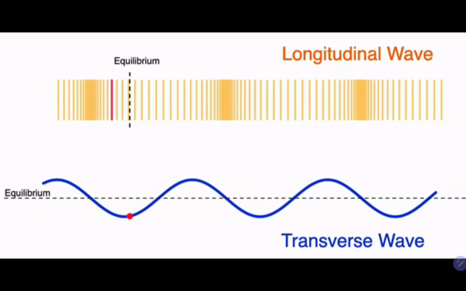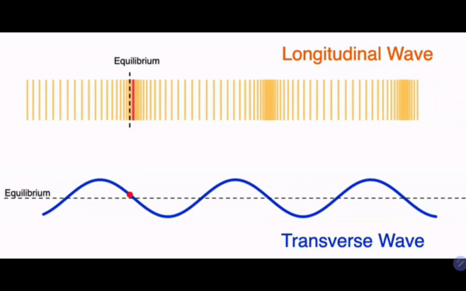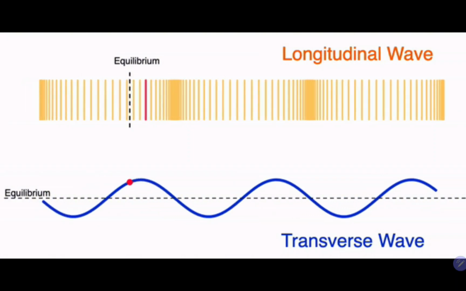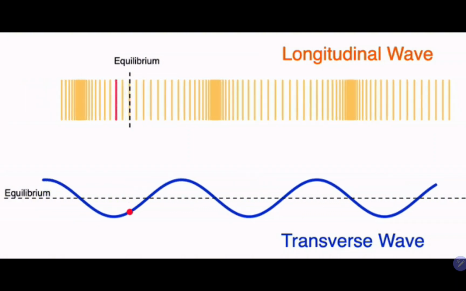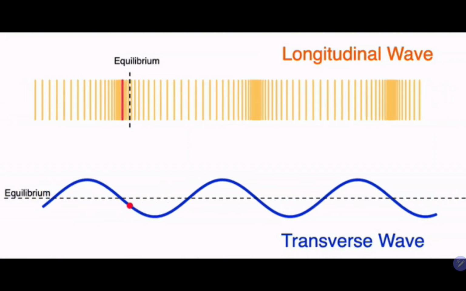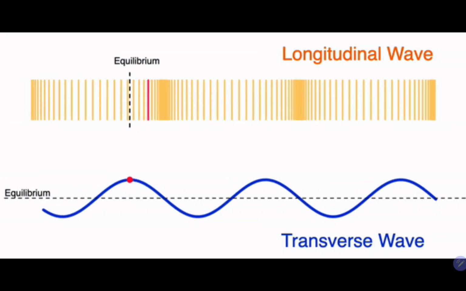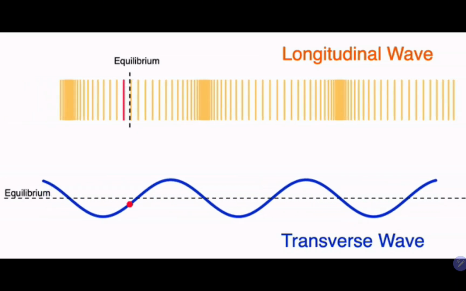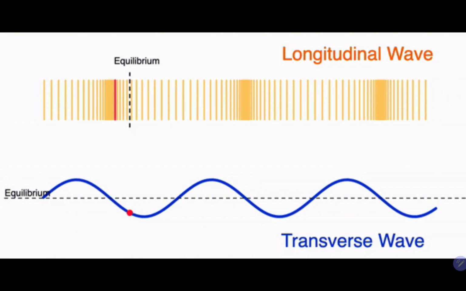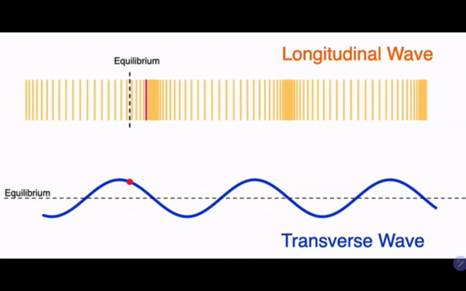But let's look at the wave itself, the orange part. You can see that it's assuming a position from left to right. I want us to look at the compressed parts where it's squashed together. You can see it's moving from left to right.